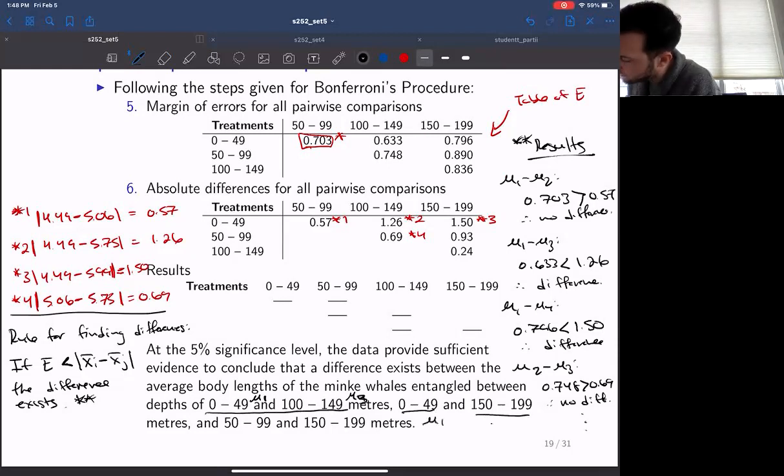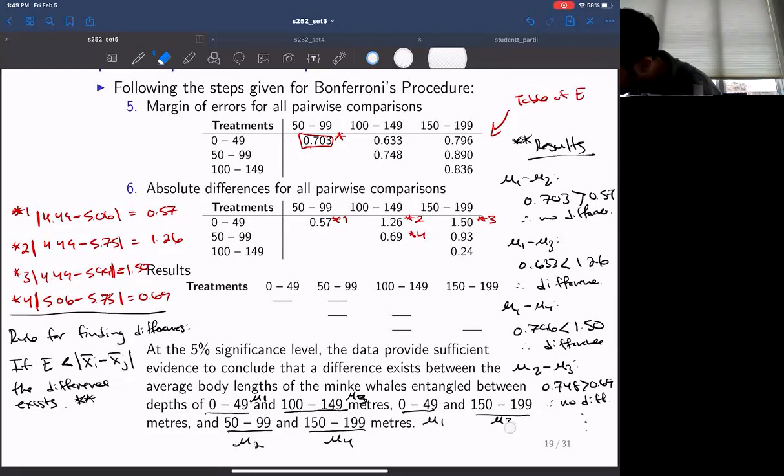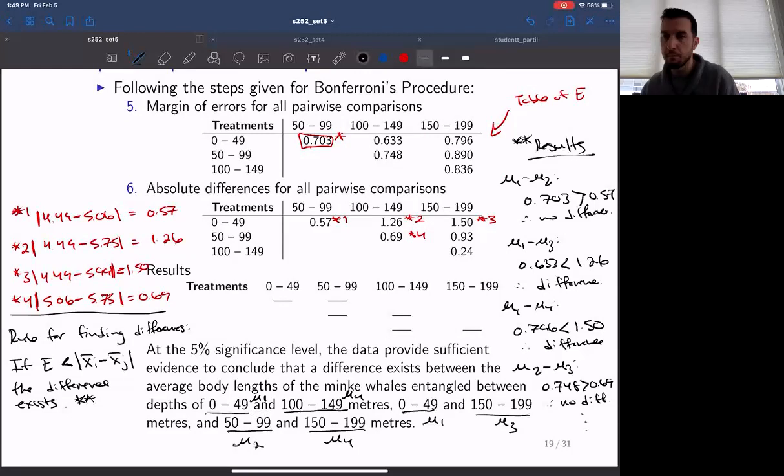This is mu 1, mu 3, and 50 to 99 and 150 to 199, so that's mu 2, mu 4. Our multiple comparison is telling us that mu 1 is different from mu 3, mu 1 is different from mu 4, and mu 2 is different from mu 4.